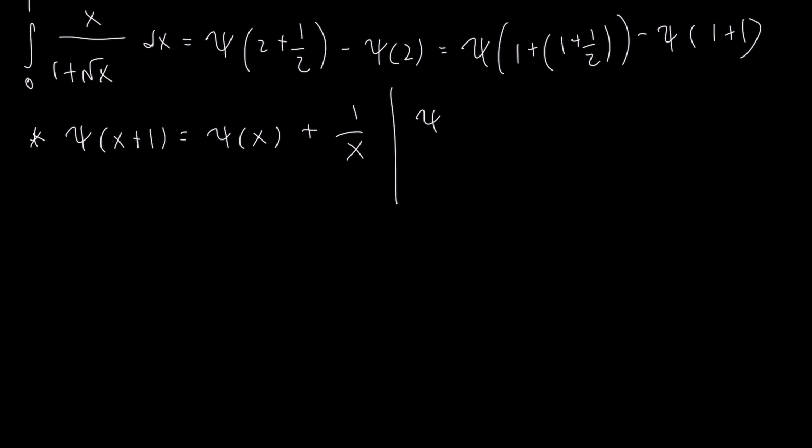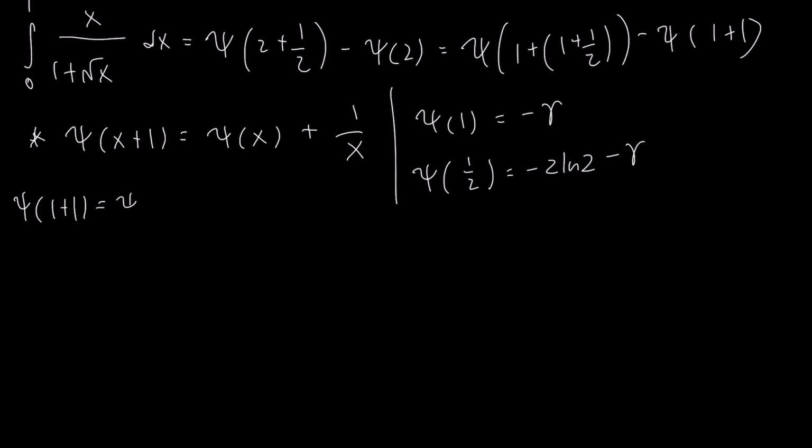And we use the fact that digamma of 1 will end up being negative Euler's constant, and that digamma of 1/2 is negative 2 log 2 minus Euler's constant. So plugging in 1 here, we have that digamma of 1 plus 1, which is digamma of 2, is negative Euler's constant plus 1.